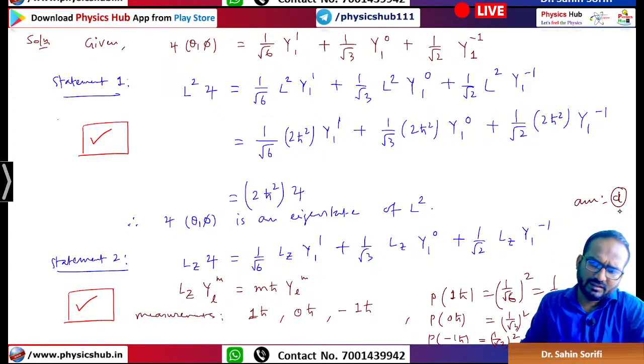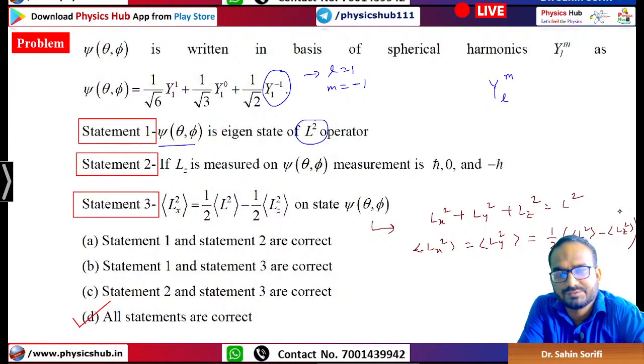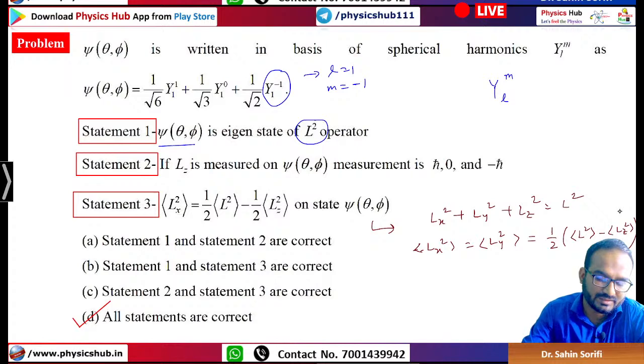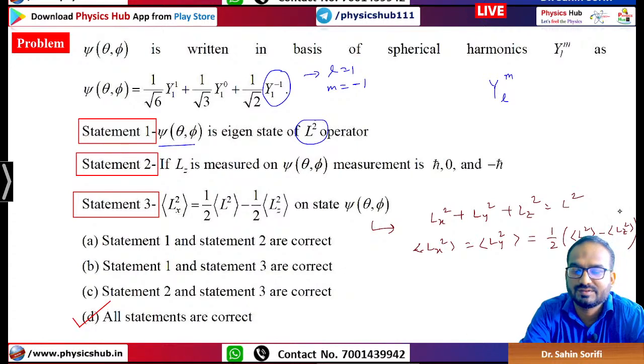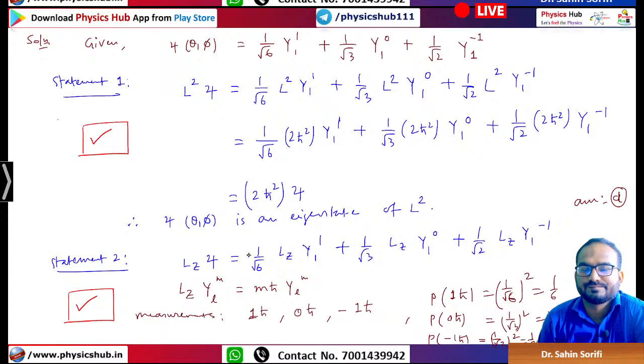With this, the angular momentum topic is over. I think you will be able to solve any question from angular momentum now. What are they asking? Operator does not change Ylm function. Operator does not change Ylm function. It changes. It is an eigenvalue equation, na?